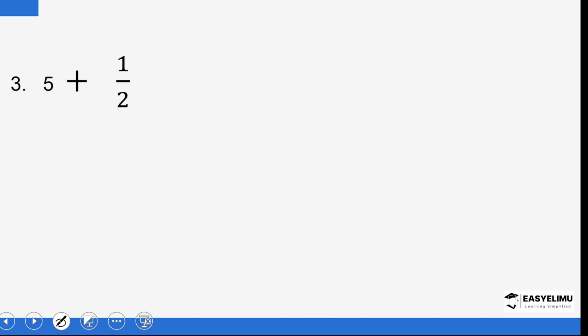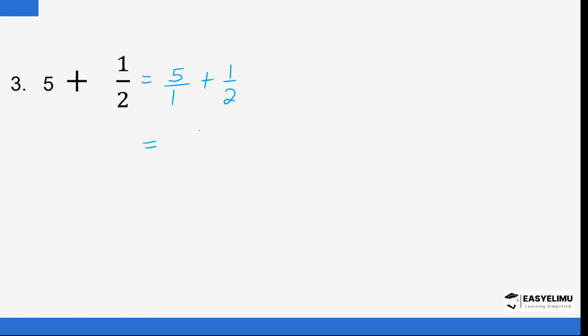So this one here is a whole number and then we are adding a fraction. What you can do is to change this whole number here to a fraction by writing it as an improper fraction with a denominator of 1. So we are having 5 here over 1, and then we are adding half.